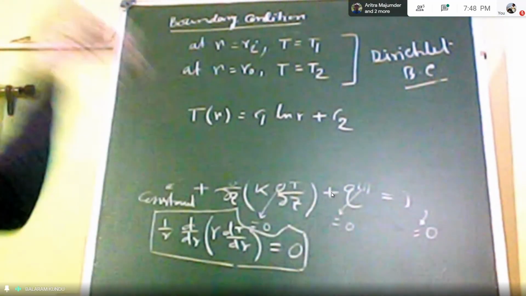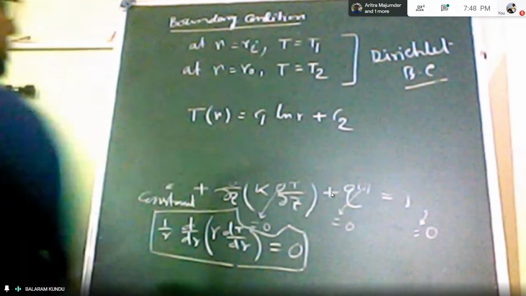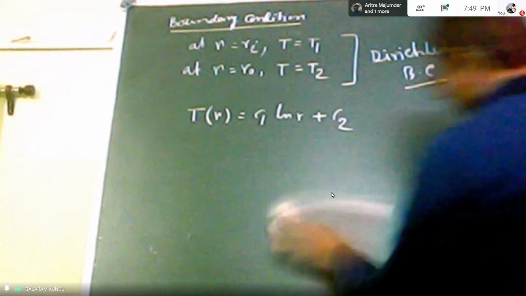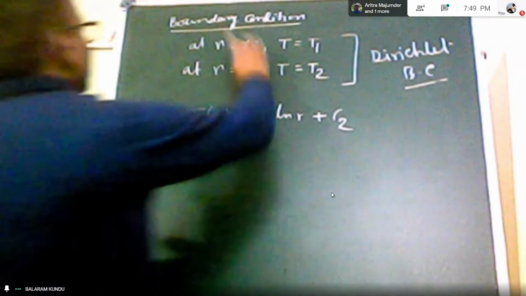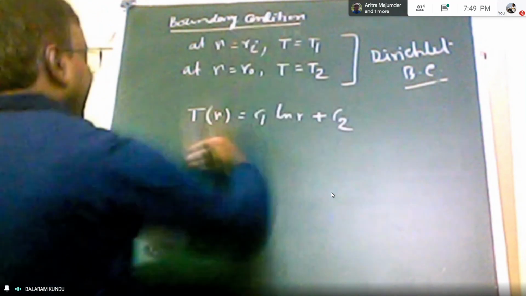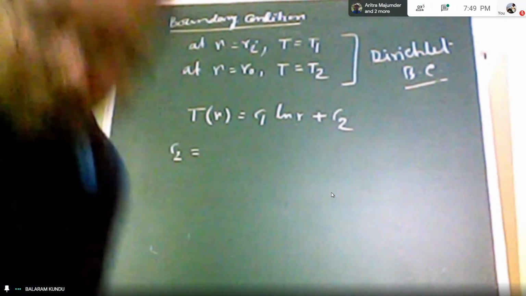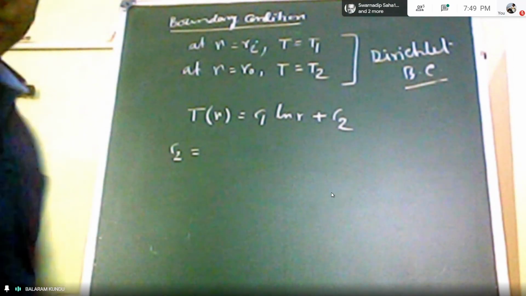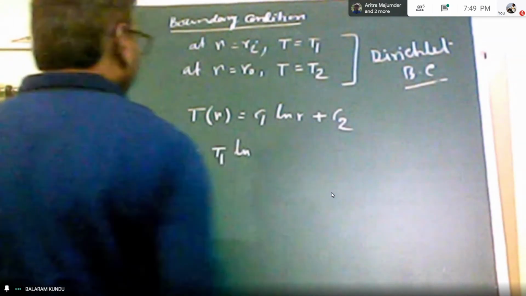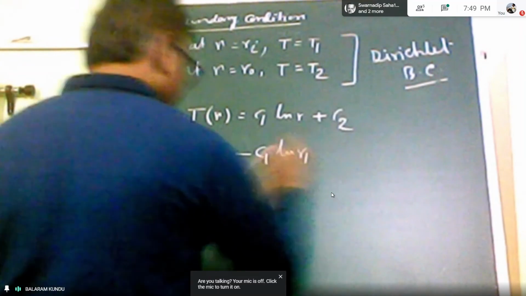So your expression is C1 ln r plus C2. Two unknowns, C1 and C2, are the integration constants to be determined using the boundary conditions. Applying the first boundary condition, at r equal to Ri, T equal to T1, we get C2 equal to T1 minus C1 ln Ri.